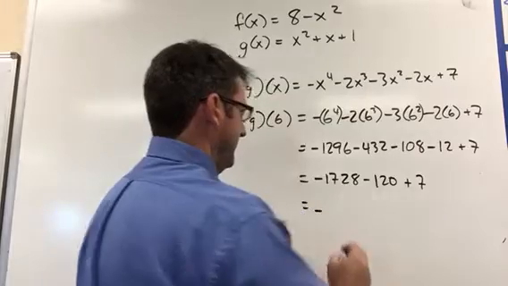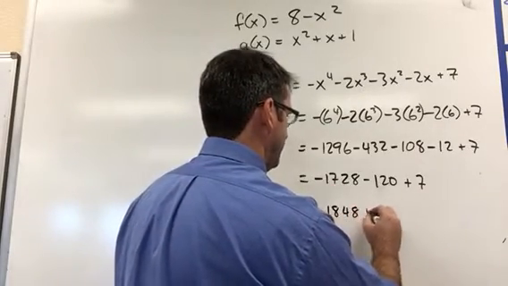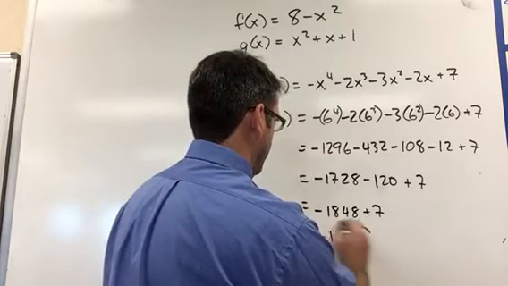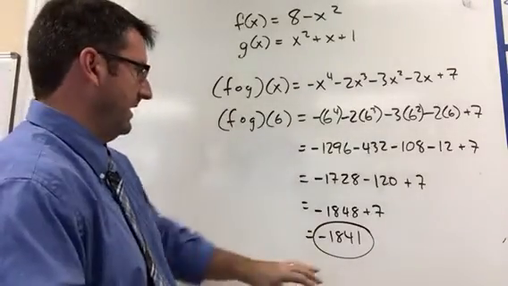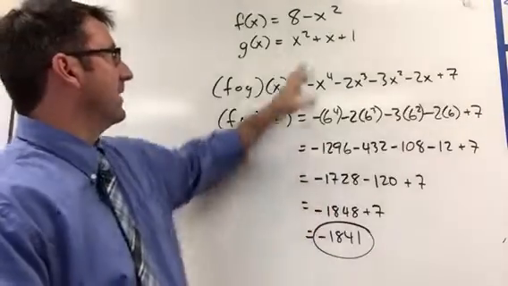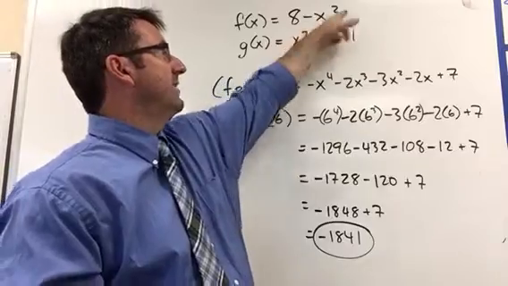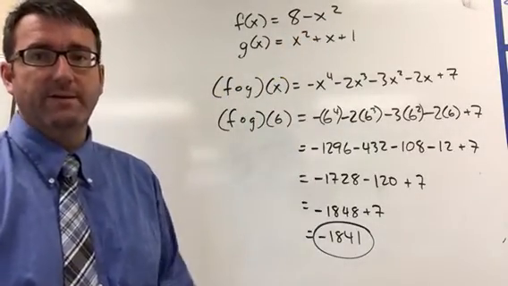So this is negative 1848 plus 7, which is negative 1841. So that's our final answer. It might have been easier if you could have plugged this into the calculator, of course, or you could have taken 8 minus 43 squared, and hopefully that would also give you negative 1841.